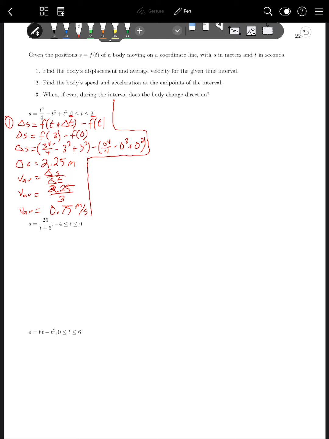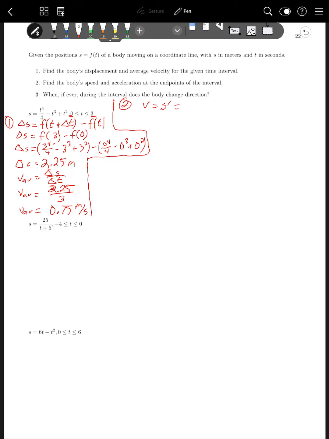Okay, so now let's look at part 2. So part 2 says find the body's speed and acceleration at the endpoints of the interval. Okay, so in order to find that, we need to know the velocity and acceleration equations, which means we need to find the first and second derivative of s. Okay, so velocity is going to equal s prime.